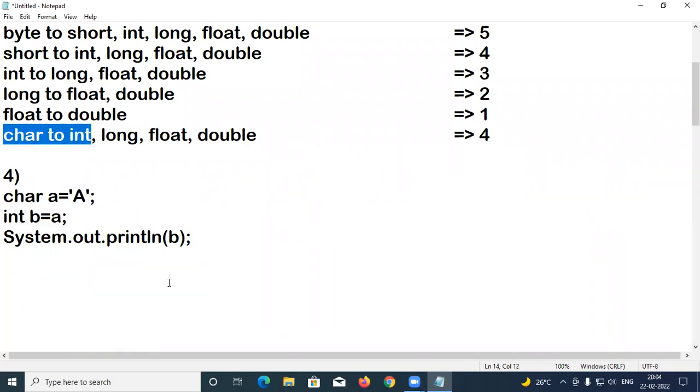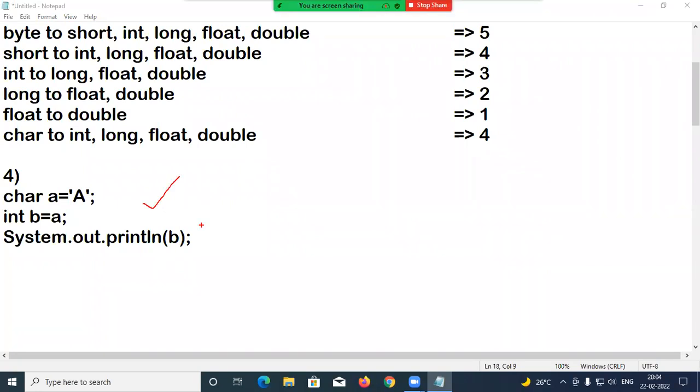Character to integer. So it is valid. We are printing the B value. In which format is B printed? Integer format. So capital A means what output comes? 65. So it is valid. You'll get output 65. Now write this one. It is valid. Output is 65.